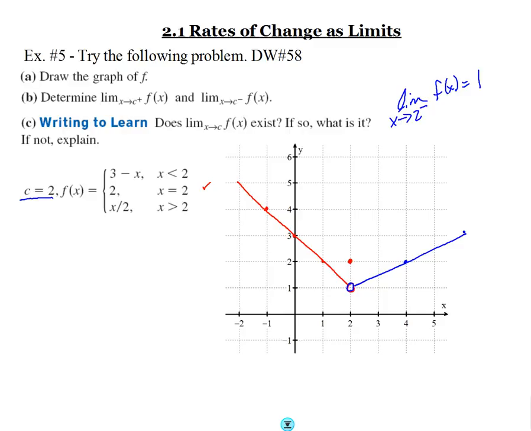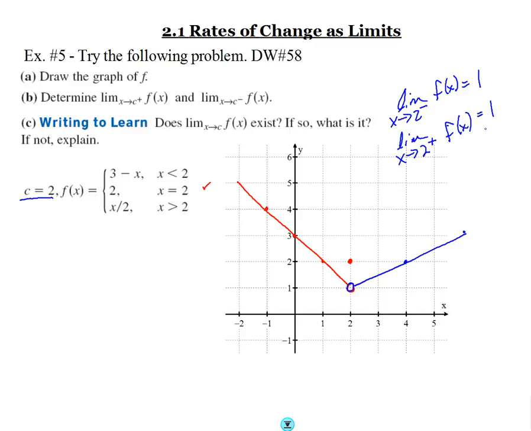Then I find out, well, what's the limit as x approaches 2 from the right of my function? And I find out it's also 1. That's my intended height. So now part C is asking, does the limit of f of x exist as x approaches 2? Okay, if so, what is it?